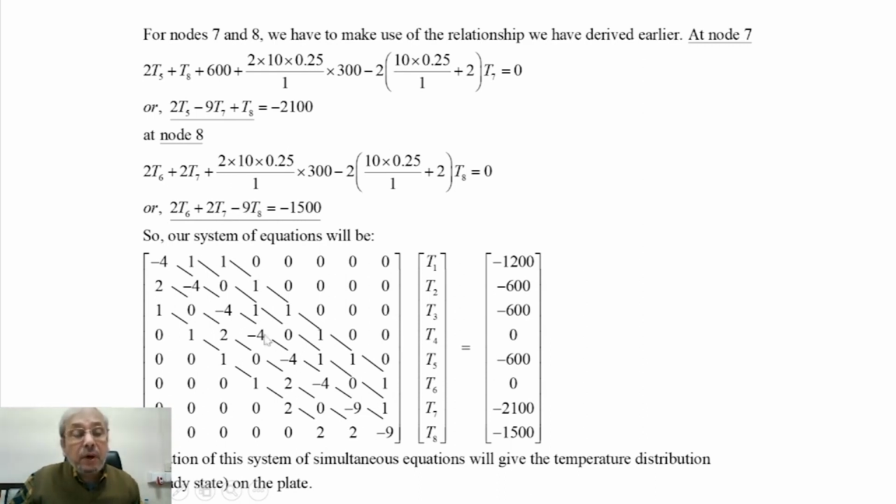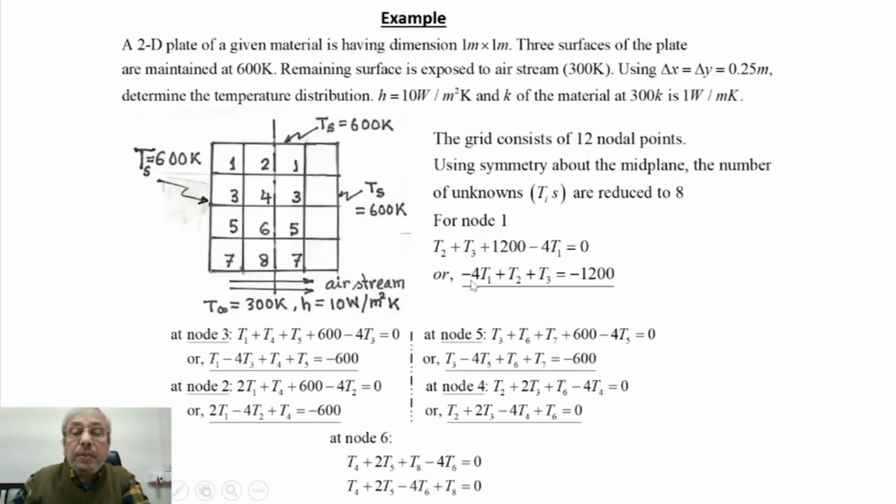So we can now form a matrix: coefficient matrix, into unknown vector, equal to a known vector. The coefficient matrix will have the coefficients of the temperatures of the unknown points. Like if we go, our first equation will be minus 4T1 plus T2 plus T3.